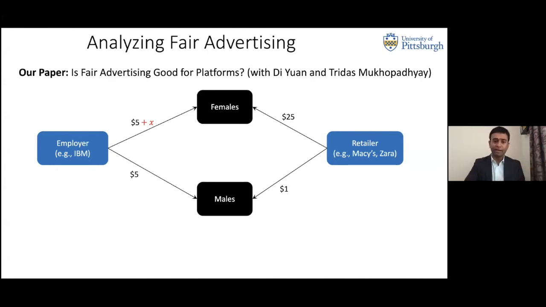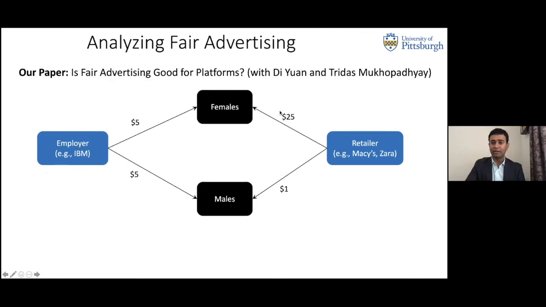We analyzed this, and on the surface, you will feel that the platform is kind of giving some freebie to this employer advertiser, and therefore the platform should be worse off. But it turns out from our game analysis that the platform can actually be better off, because without this jacking up of the bid, there's a huge gap between the bids of the retailer and the employer.